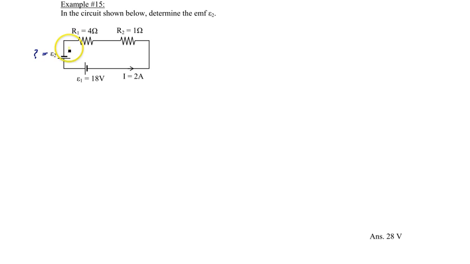So I'm going to choose this loop here, and we're going to apply Kirchhoff's loop rule, which says the sum of the voltages over a loop is equal to 0. We're going to choose the clockwise loop here.